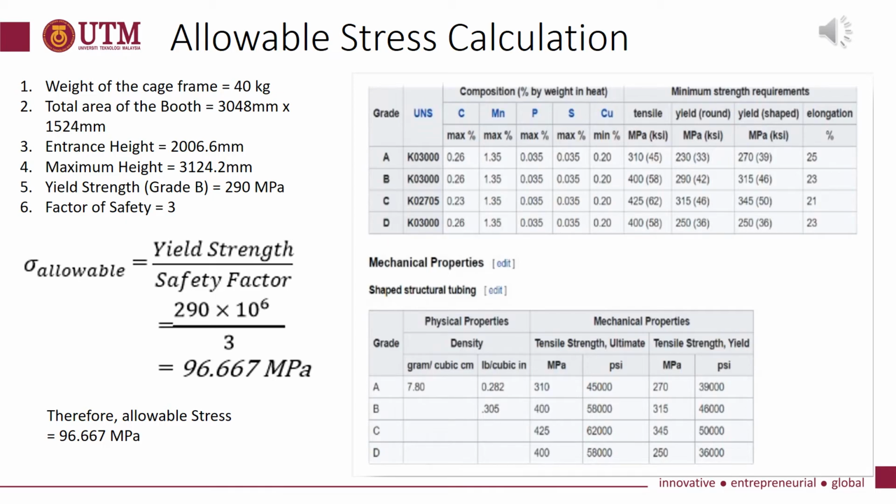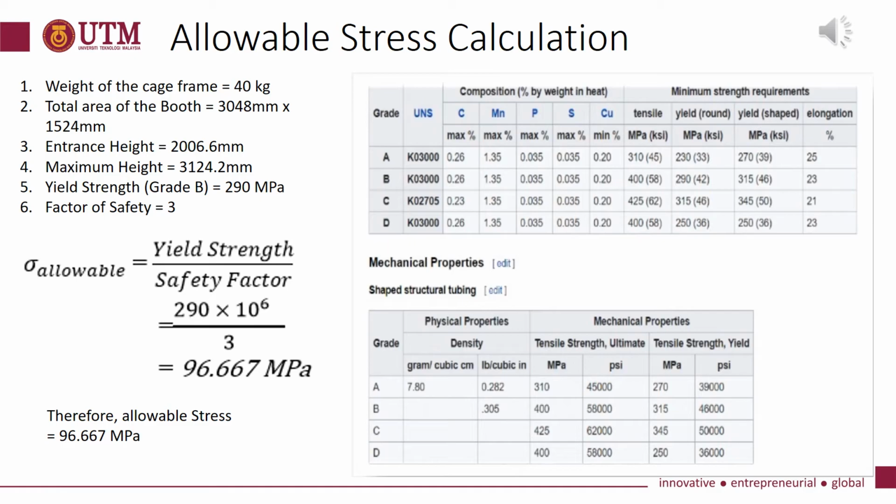Okay, next, for the allowable stress calculation part, you need to find the weight of the cage frame, which is 40 kg. And then we find out that the total area of the booth is 3048 mm times 1524 mm.